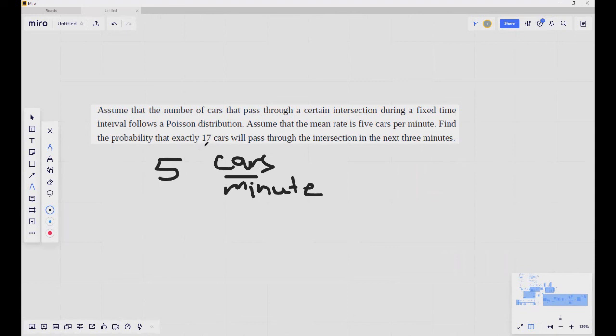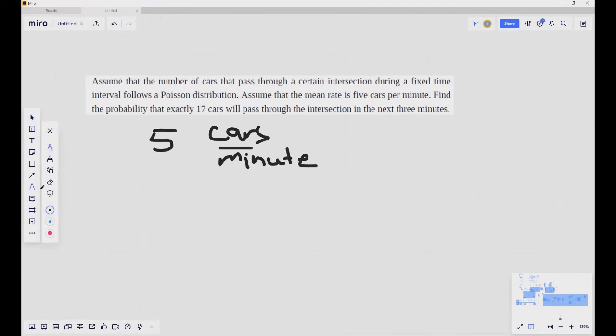Find the probability that exactly 17 cars will pass through the intersection in the next 3 minutes. So the number of cars that I should expect to pass in 3 minutes is equal to 3 multiplied by 5, 15. So my parameter lambda, which is the expected number of cars I should expect to pass in that time interval, is equal to 15.